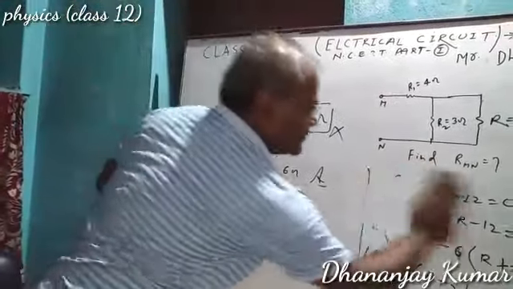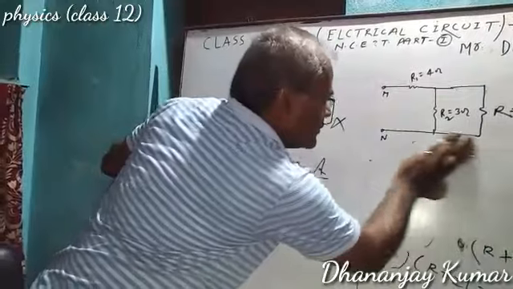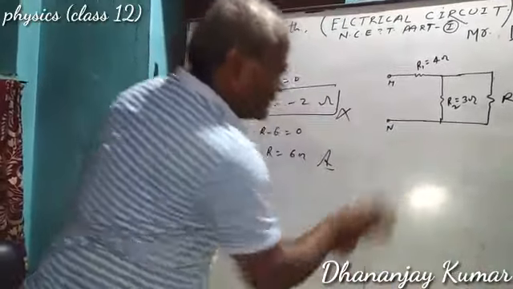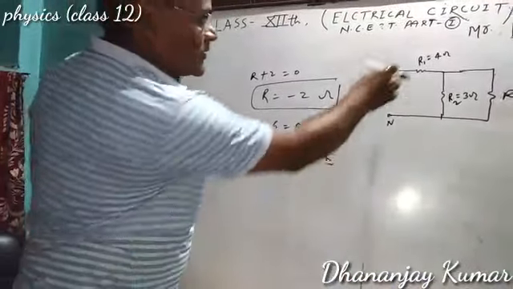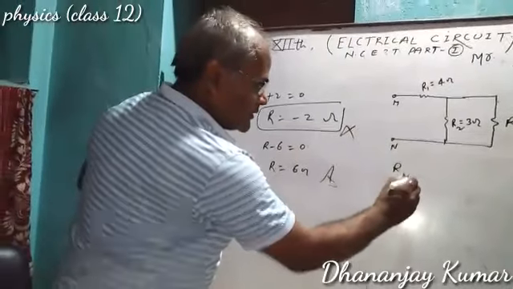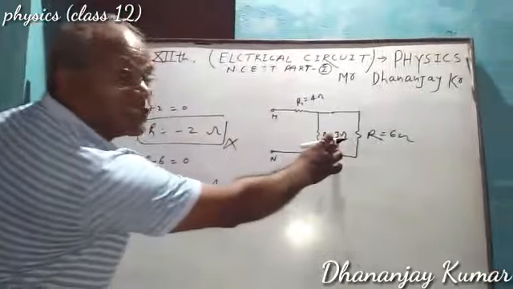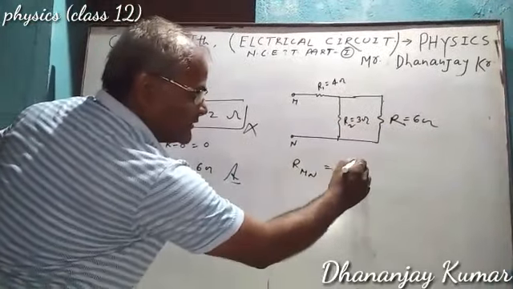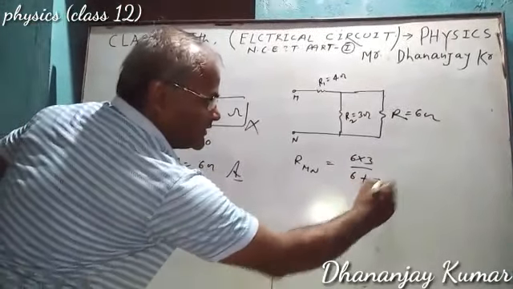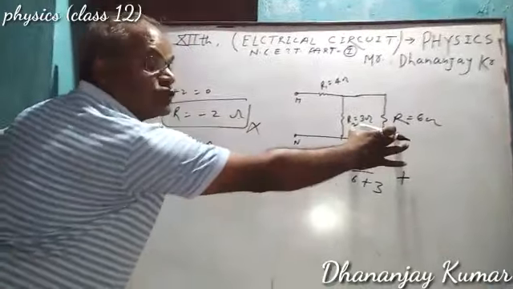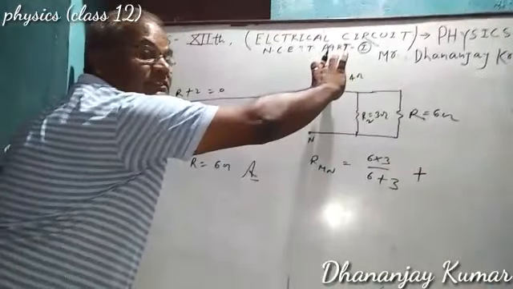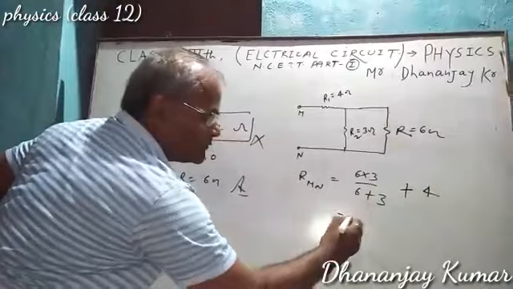For example here, now we have to get the equivalent resistance across MN. Here these two resistances are in parallel, so the equivalent is 6 multiplied by 3 upon 6 plus 3, and the equivalent resistance of these two, which are in series, is plus 4.